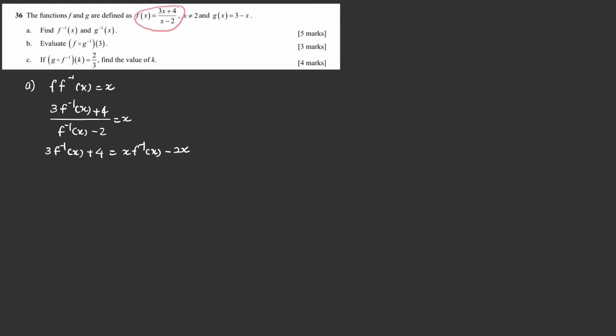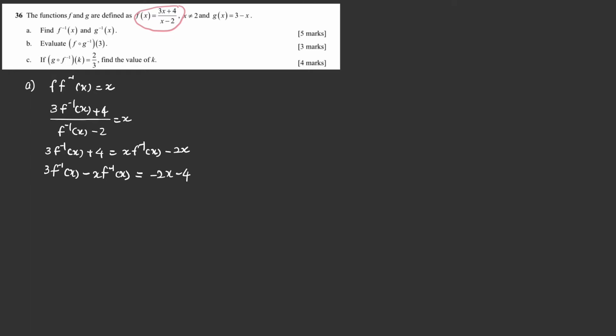And then saya groupkan yang f inverse on the left hand side dan constant on the right. Okay, then kita groupkan f inverse on the left hand side, 3 f inverse of x minus x f inverse of x, dan constant ini on the right hand side.